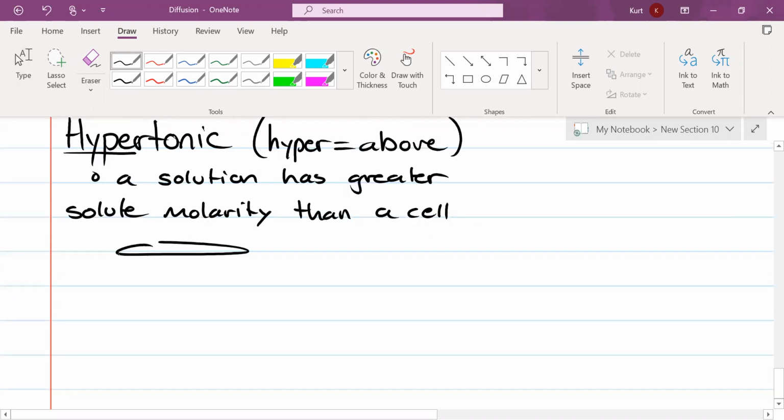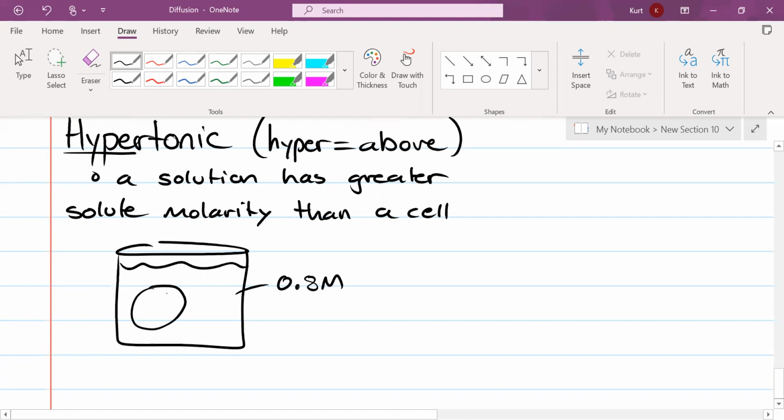So here's my beaker. Here's the solution. The solution I'm going to say is 0.8 molar. Somebody tell me a molarity for the cell that would make this solution hypertonic. Any number. You got plenty to choose from. Just tell me one that would make sense. Anybody? 0.2. Fine.